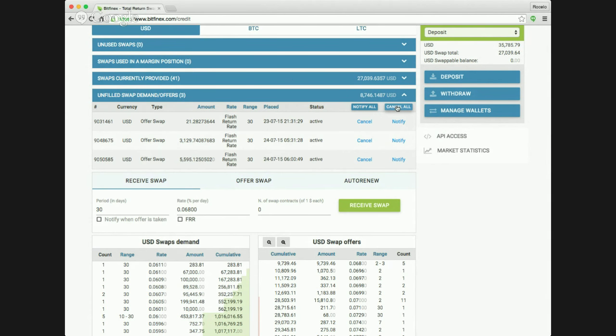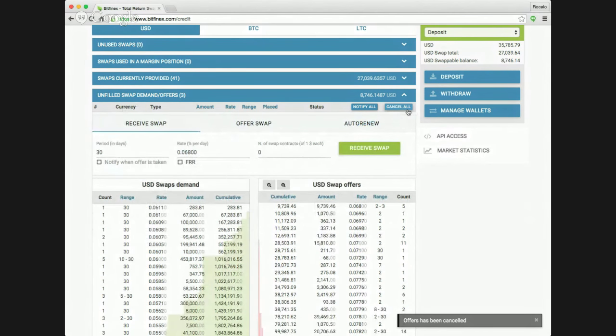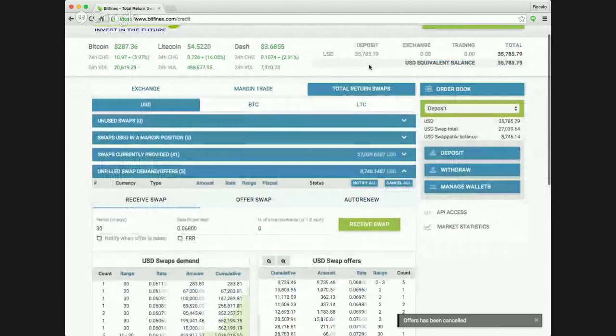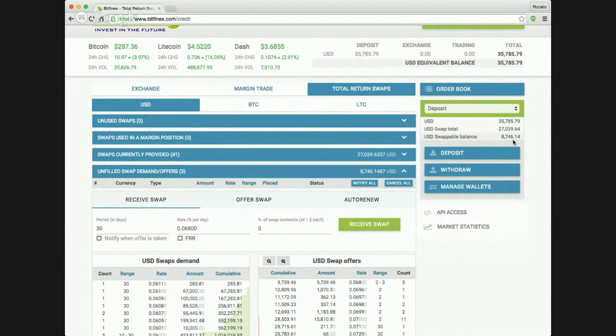So what we're going to do, I'm going to cancel everything. Then comes the situation where, let's say, for example, now I have my money on deposit. I have 8,746 available to invest. So if I have this money available to invest, how do I do it? Pretty simple.